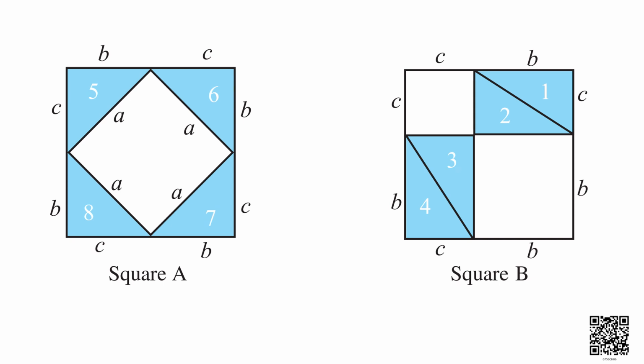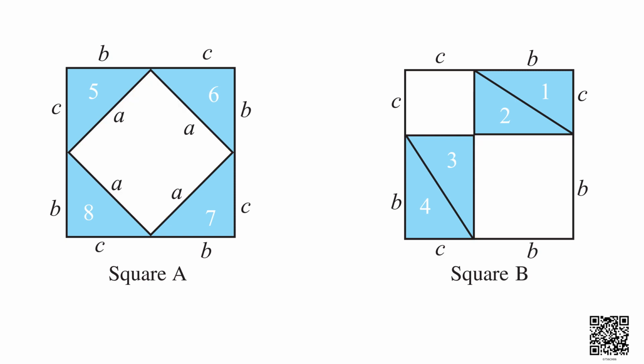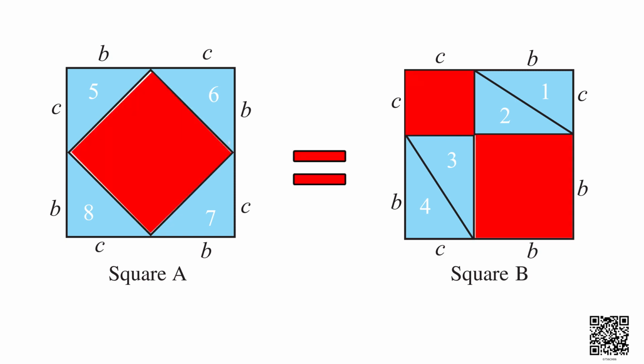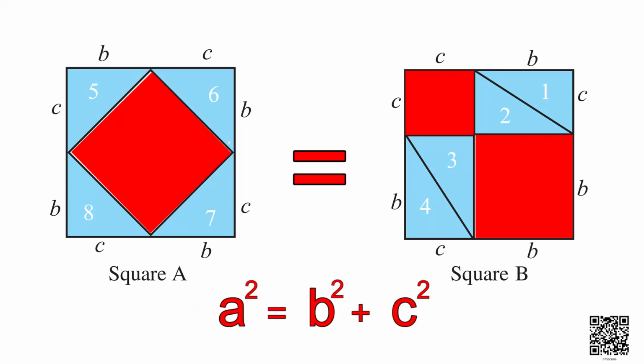Hence, we can say that the uncovered area of square A is equal to the uncovered area of square B, that is, the area of the inner square of square A is equal to the total area of the 2 uncovered squares in square B. So, a squared is equal to b squared plus c squared. It may also be stated as follows: in a right angle triangle, the square on the hypotenuse is equal to the sum of the squares on the legs of the triangle. Now, the Pythagoras property is a very useful tool in mathematics.